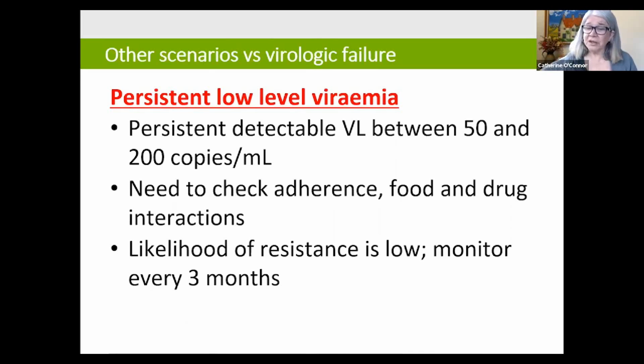In these situations, we need to check for adherence, food and drug interactions. We need to be mindful, however, that the likelihood of patients developing resistance in this situation is low, but we need to monitor them quite carefully.